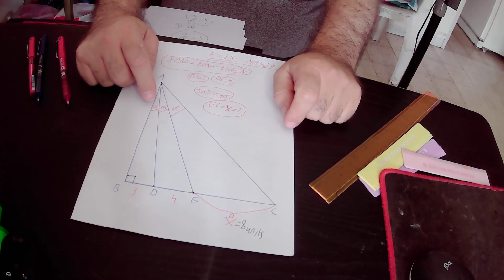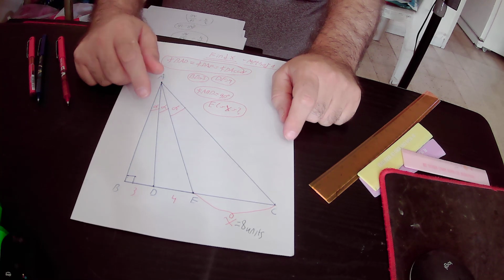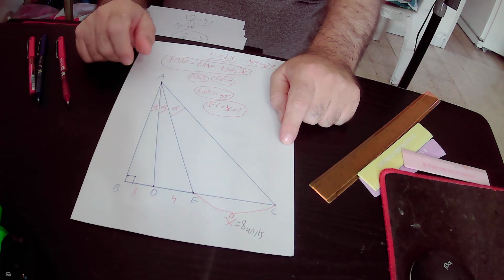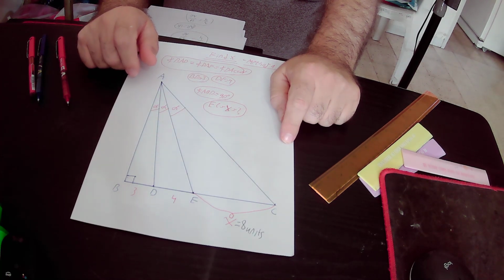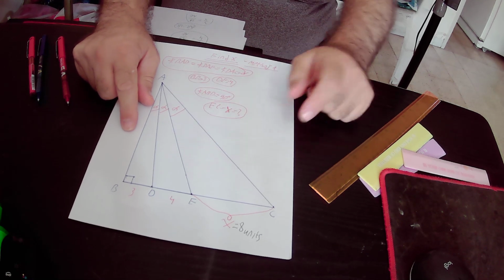Okay, therefore AD is an angle bisector in the right triangle BAE, and according to the angle bisector theorem, the ratio in which angle bisector AD divides BE is BD over DE, and that ratio equals the ratio between the angle legs, equals AB over AE.